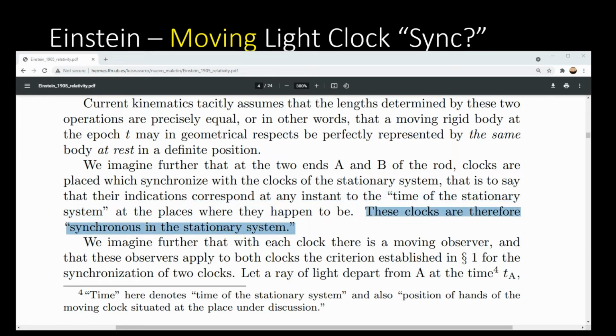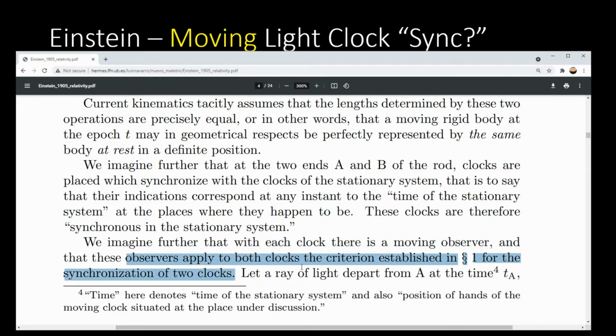These moving clocks are therefore synchronous in the stationary system. That's pretty clear. These moving clocks do not slow. This to me sounds a lot like the moving time equals stationary time, which is the exact opposite of what Einstein relativity is about.